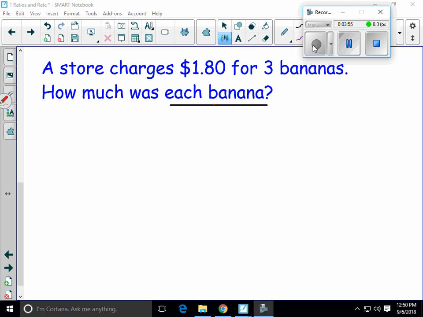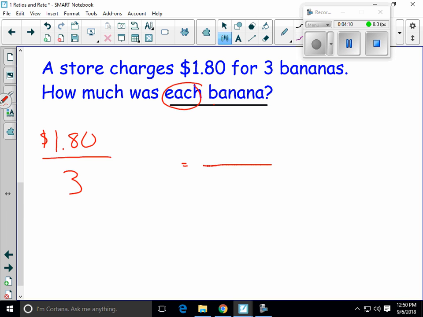Okay, and the second one: a store charges $1.80 for 3 bananas. How much is each? So it's $1.80 for 3 bananas. I want to know how much it is for 1 banana, so I'm going to have to divide by 3. 3 divided by 3 in the denominator would be 1, and in the numerator, $1.80 divided by 3.